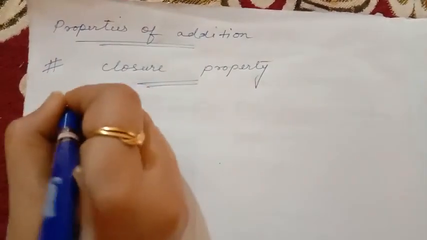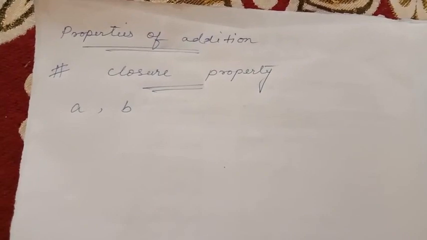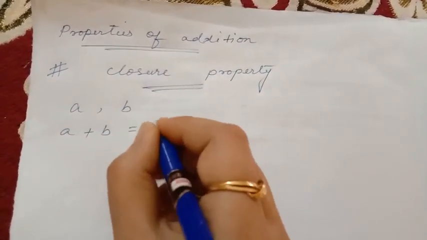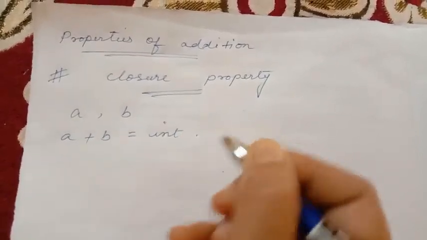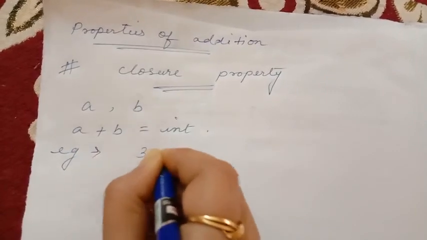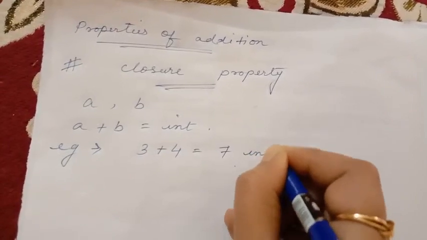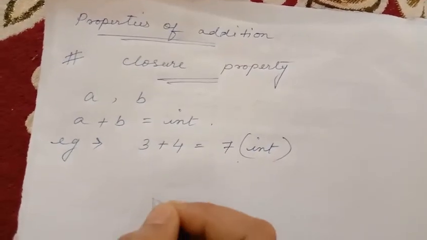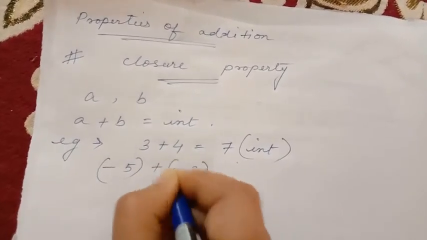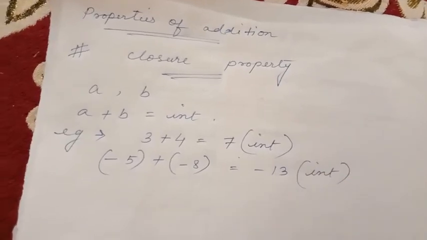If a and b are two integers, then a plus b will also be an integer. For example, 3 plus 4 equals 7, which is an integer. Minus 5 plus minus 8 will be minus 13, that is also an integer. Like that.